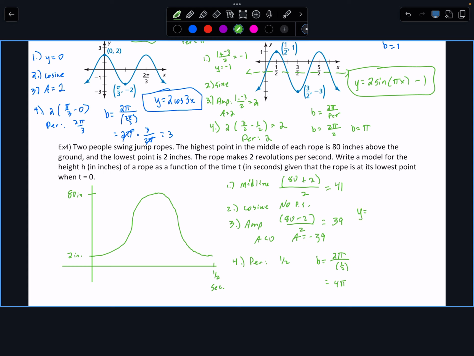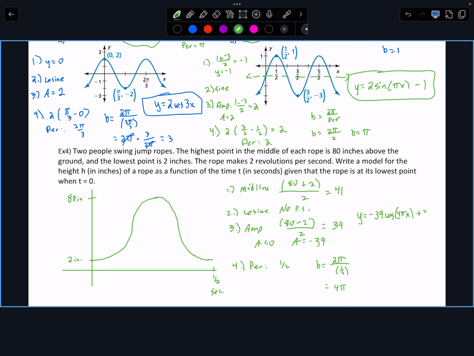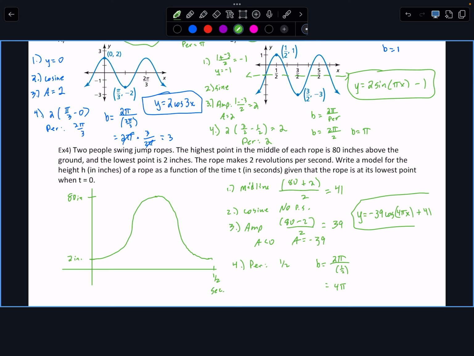And your equation is y is equal to a negative 39 cosine. There is no phase shift, so it is just your bx. And then you have been shifted up 41 units because that is your midline. And that's it.